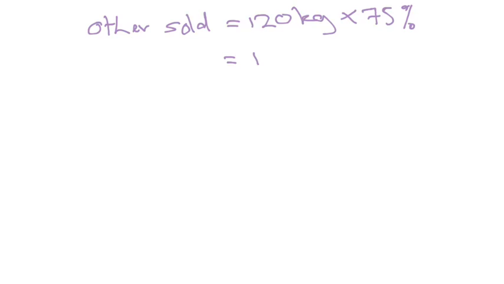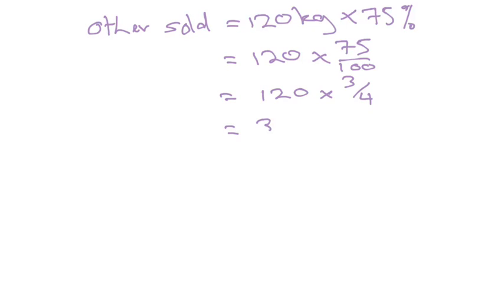So let's work that out. So 120 times 75 over 100. Or we know that 75% can simplify to 3/4. So that would give me 360 over 4, which is 90 kg.